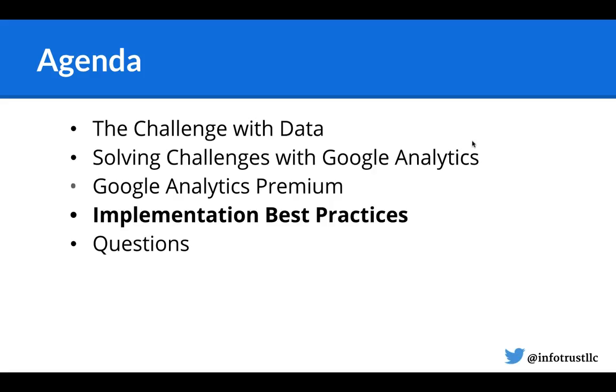One slide we wanted to include as a reference, just to have a little bit more specific numbers to show the differences between Google Analytics Standard and Google Analytics Premium, is this here. And I'm not going to go through each row in detail.